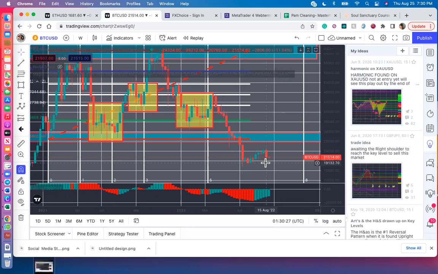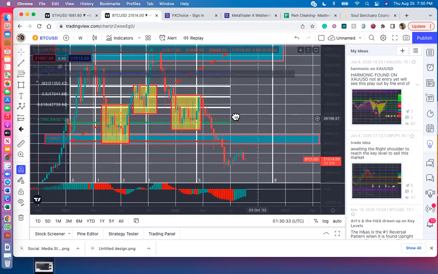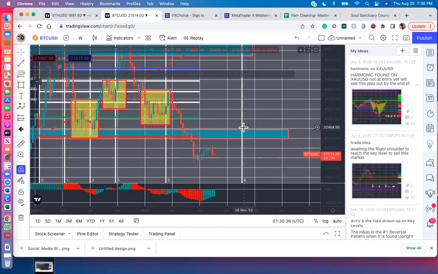You can kind of guess where the market's going to possibly go, because we only have the one left here. So the market's probably just going to do this, and then we might see something happen right here, right?